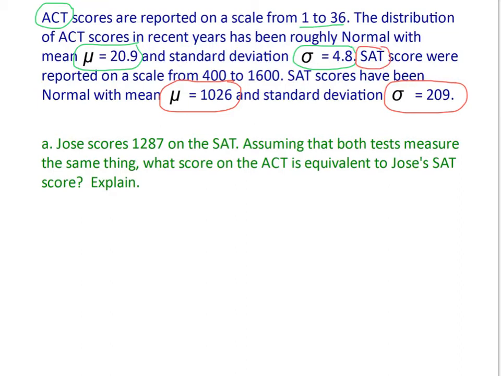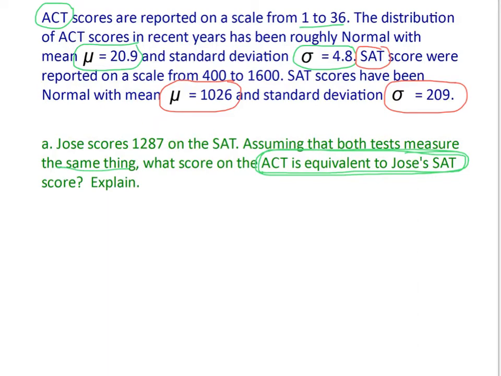Part A says Jose scores 1287 on the SAT. Assuming that both tests measure the same thing, what score on the ACT is equivalent to Jose's SAT score? So this is the big question I'm trying to answer. What ACT score is equivalent to a 1287 on the SAT?